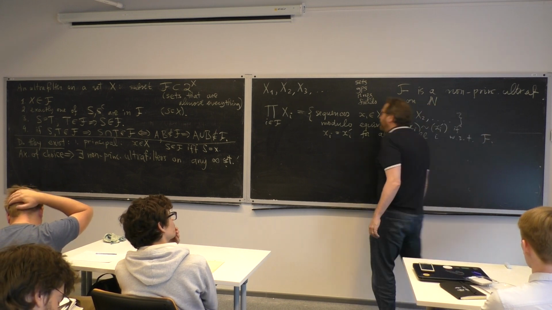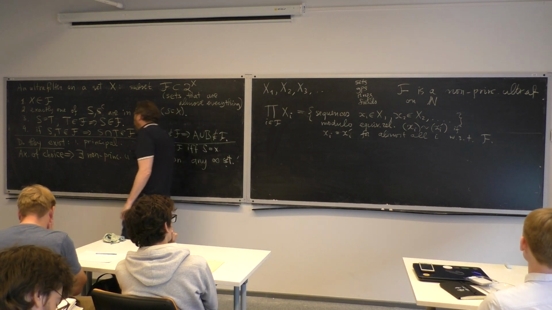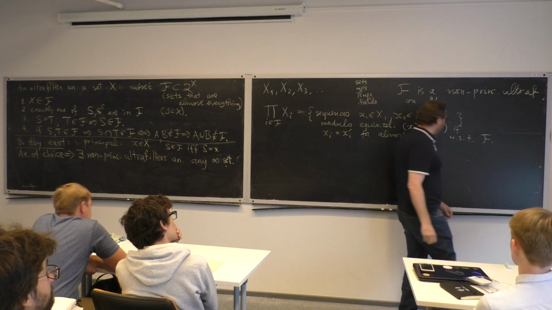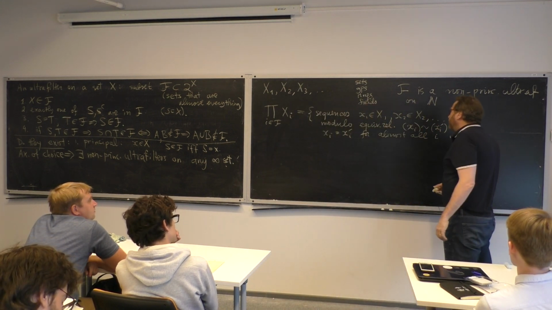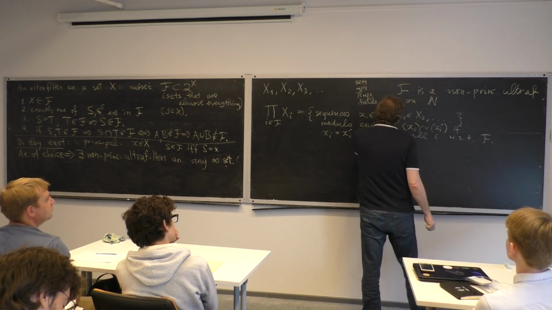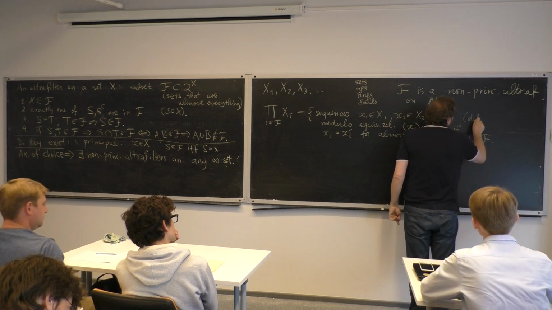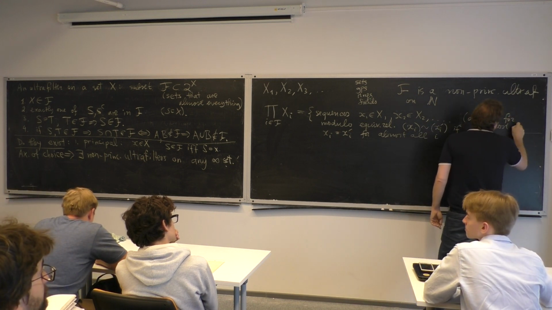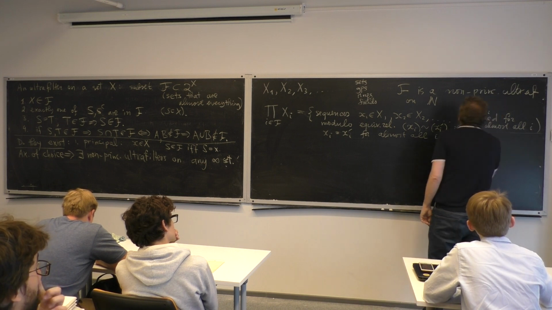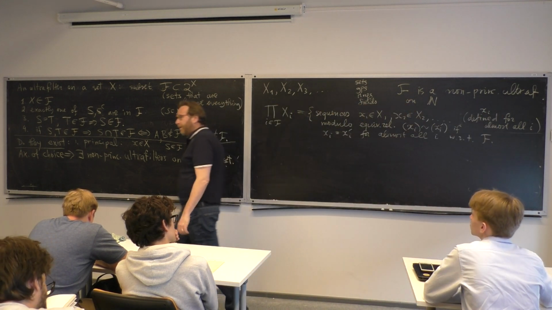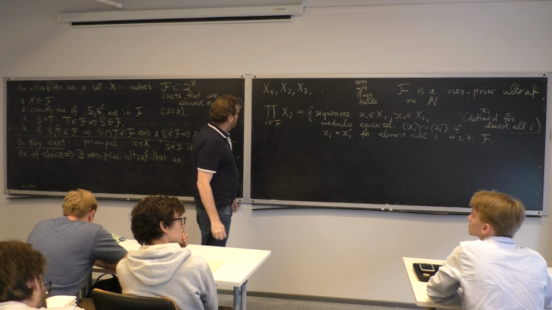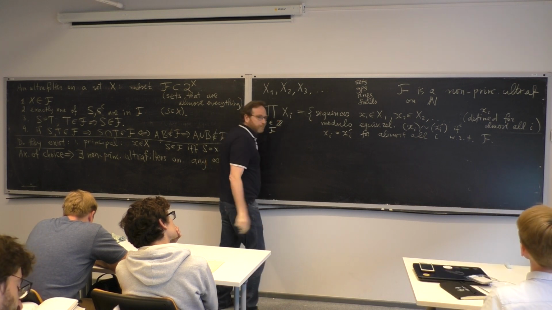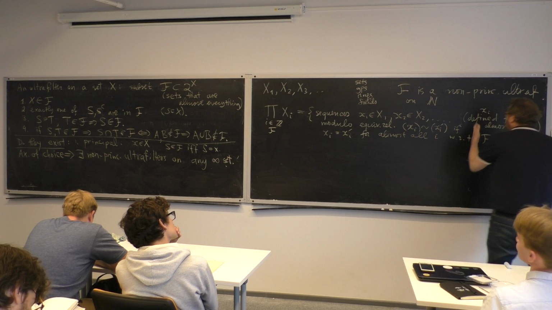So this doesn't just mean for all i, but finitely many. It doesn't mean for all i, but finitely many. But it means that the set where they don't coincide is almost nothing. And because of that, we don't even need this xi to be defined for all i, but for almost all i with respect to F. So they don't have to be defined for all i.